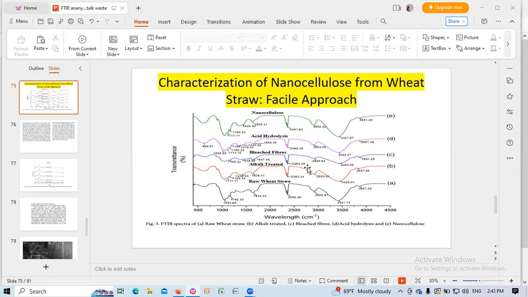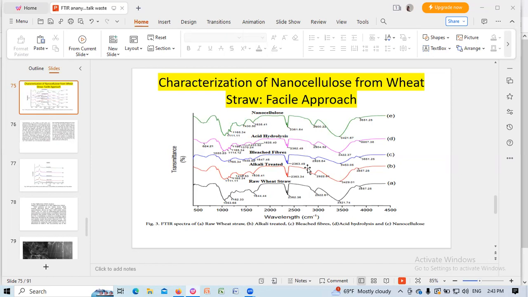The peaks in the range of 2900 to 2930 per cm are due to aliphatic saturated C-H stretching vibration.